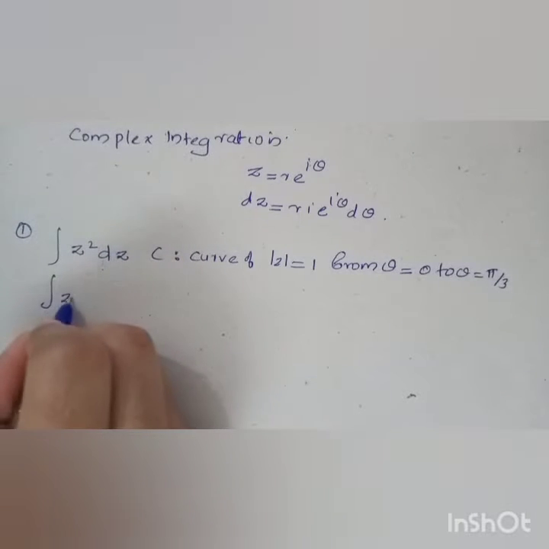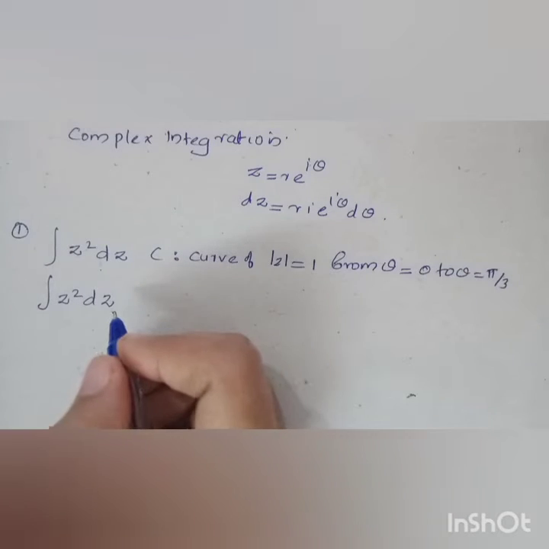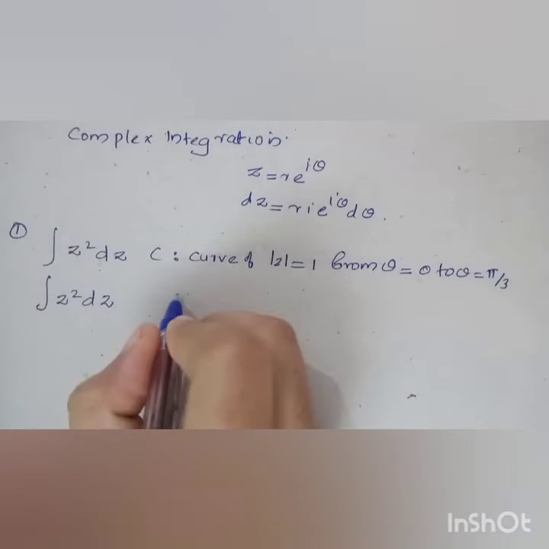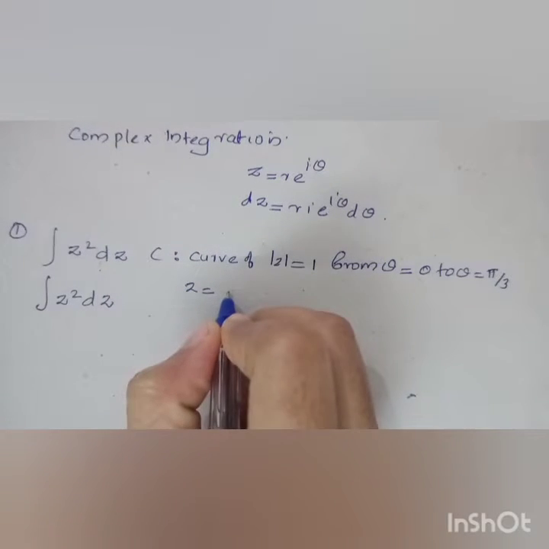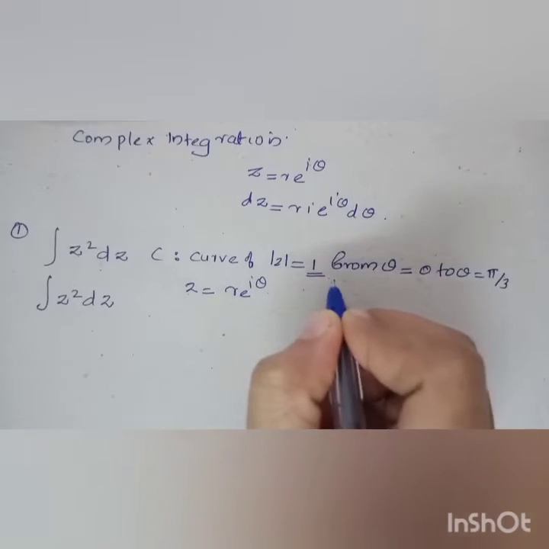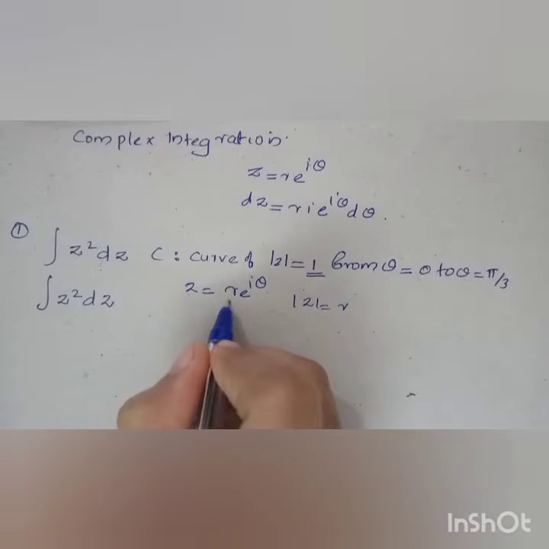So we have to find the integral of z square dz from 0 to pi by 3. So z square, in which z is equal to r e raised to I theta. Here r is equal to 1, since mod z is equal to r. So r is equal to 1.